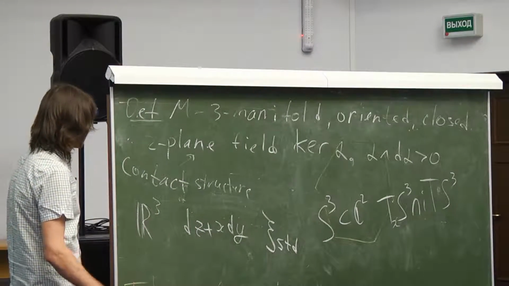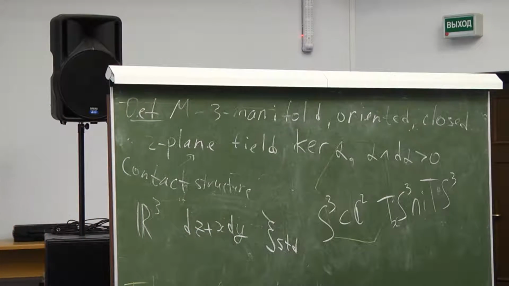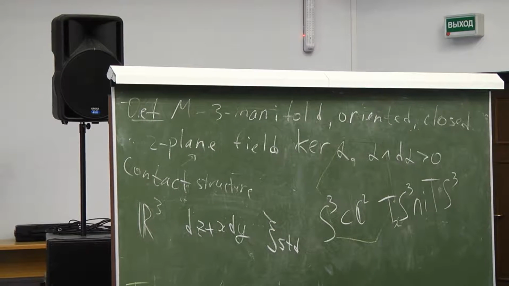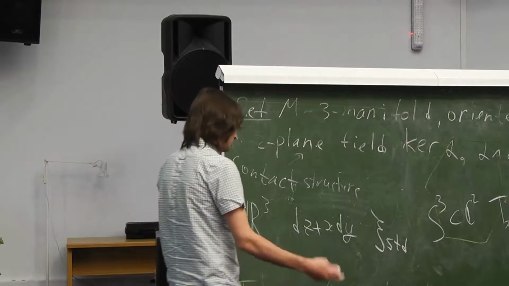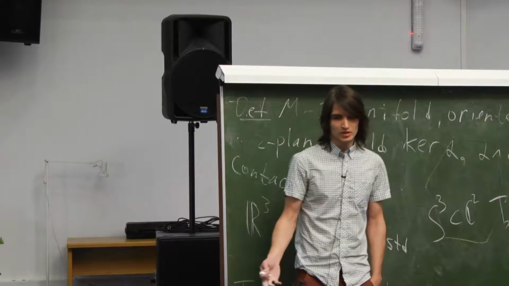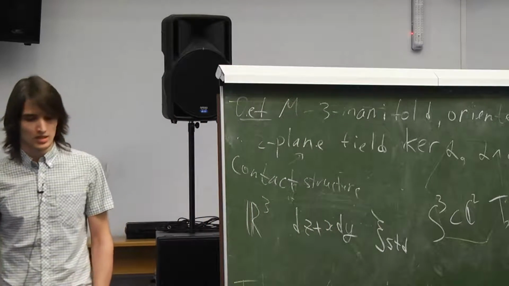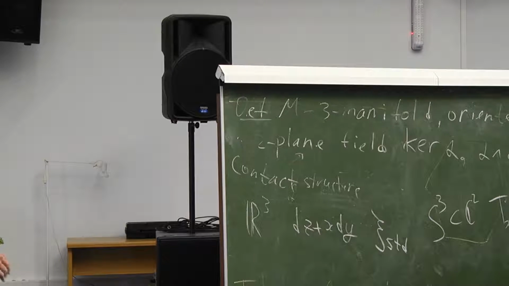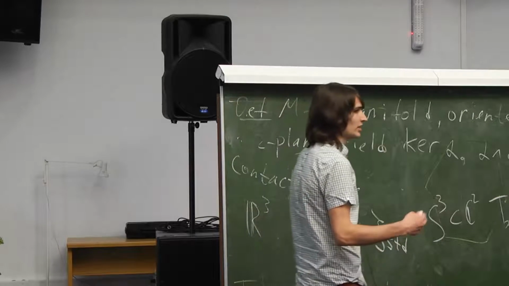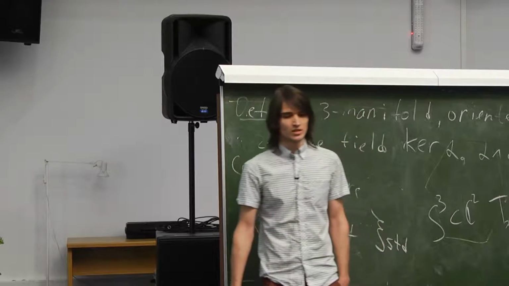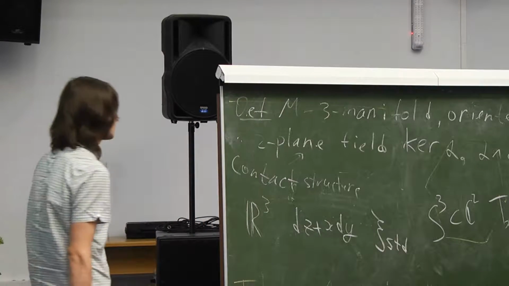In general, there is a problem of classification of all contact structures on a given three-manifold. It is known that in every homotopy class of two-plane fields there is at least one contact structure. It is also known that in every homotopy class of plane fields there is a finite number of contact structures. But for every three-manifold, it is a problem of classification.